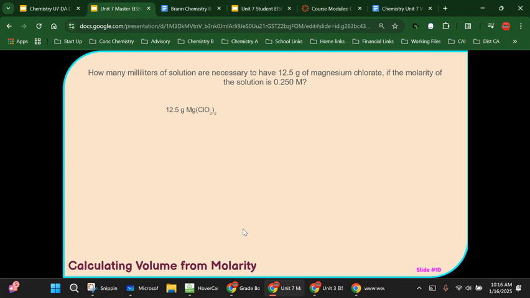All we're doing is switching those two spots, because it's on the bottom. Which means liters equals 0.0654 moles divided by 0.250 molar. Somebody do the math.